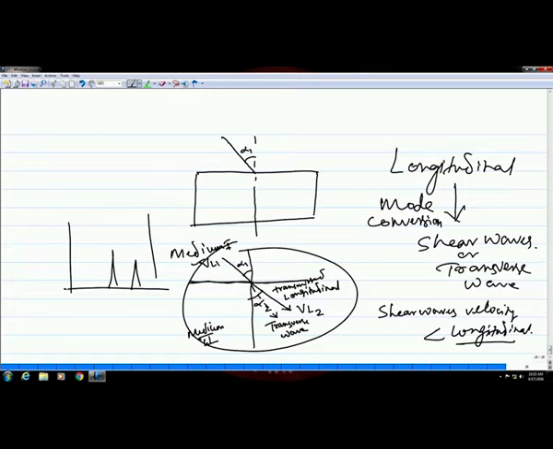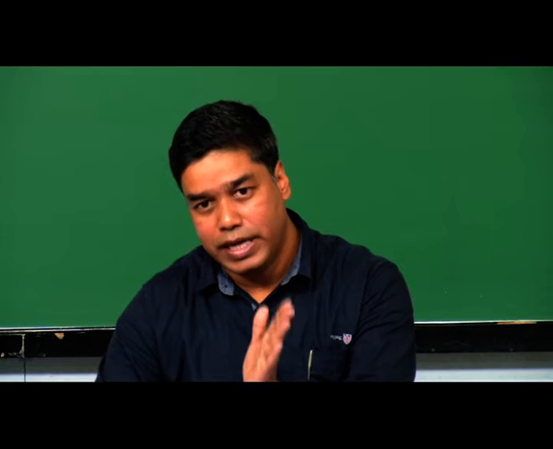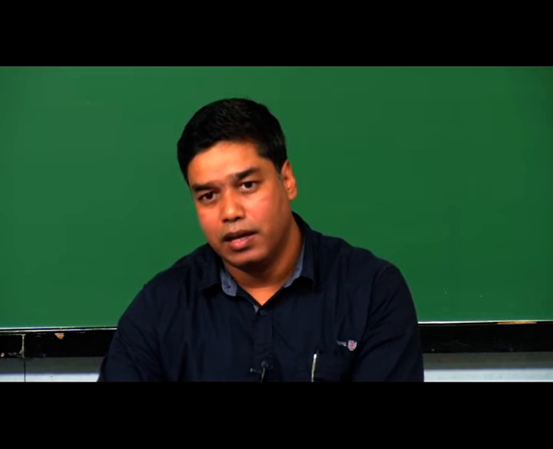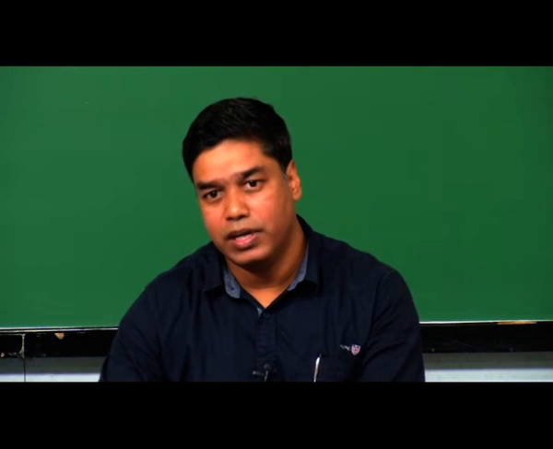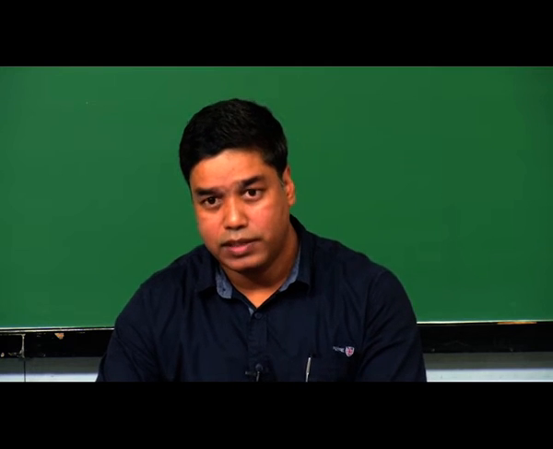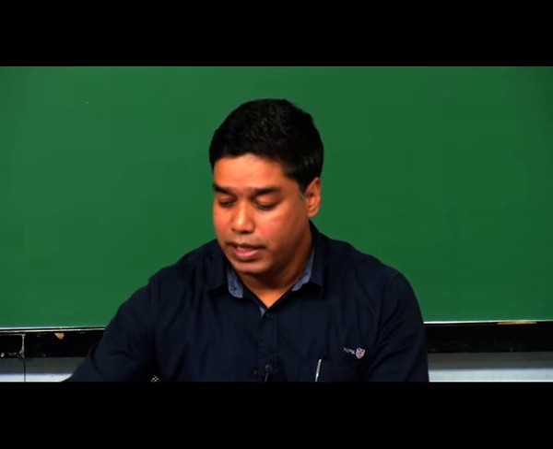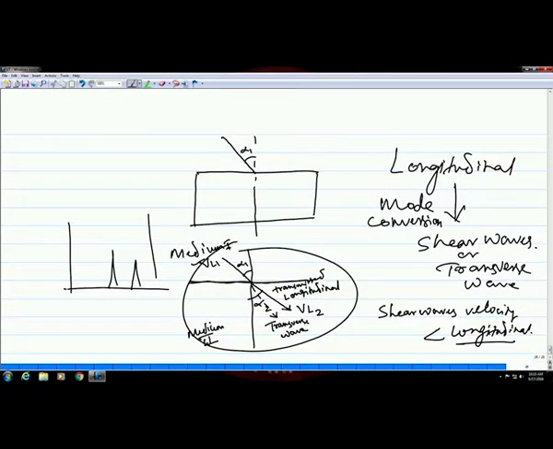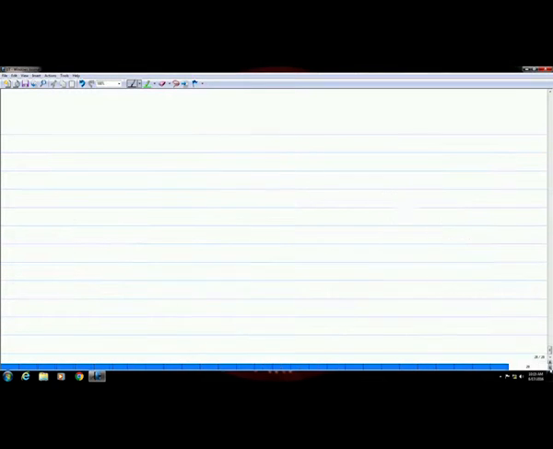So, in that case, you have to send it at a particular angle which will ensure that only shear waves enter the sample and the longitudinal waves will be reflected back. They will not be transmitted to the sample. Okay. So, that will depend on the angle of incidence, and let us find out what that incidence angle is. Okay.